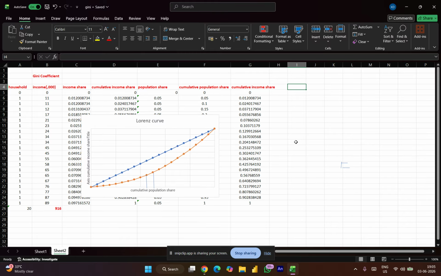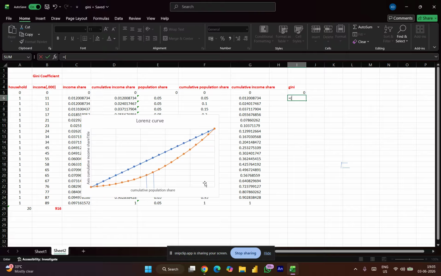Now, how can we calculate it from the cumulative income share? This is 0, and 0 is always 0. Suppose this is the lower value. It starts from 0, so the lower value is 0, and then the next value.